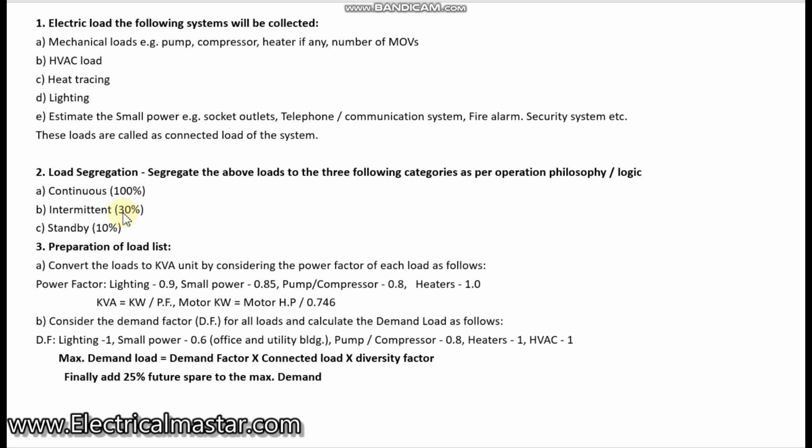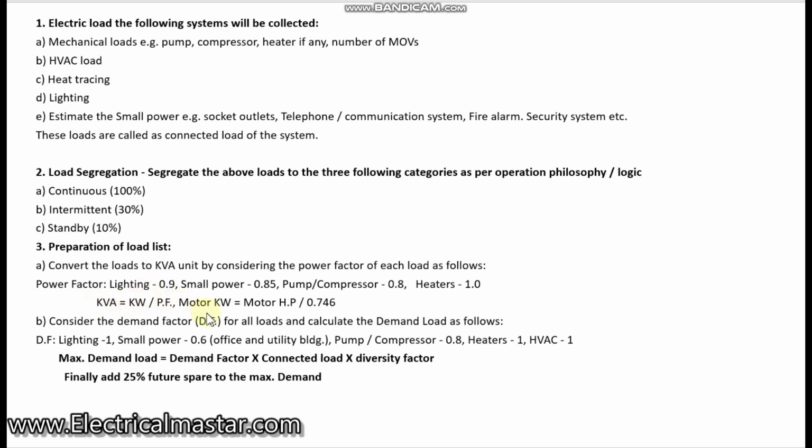For example, lighting DB power factor is generally 0.9. Similarly power DBs 0.85. Pump or compressor is 0.8 power factor, and heater is 1 power factor. So the power factor converting formula is kVA equals kilowatt divided by power factor. Based on this you just put in the value and you can get the kVA.